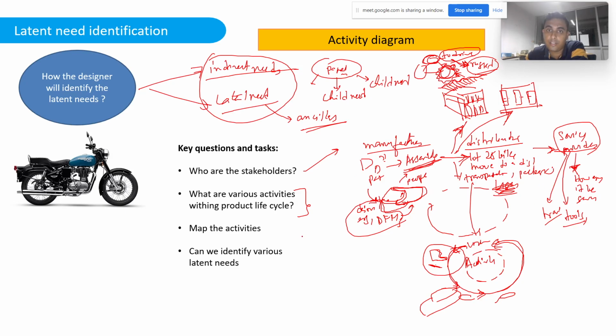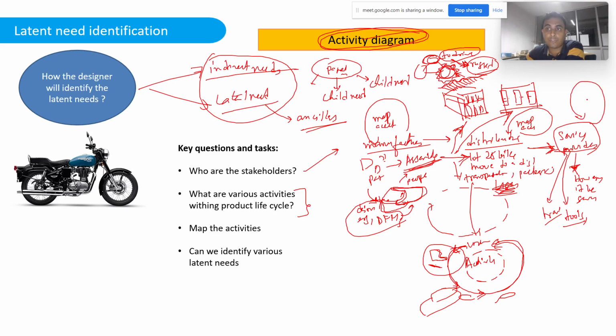This is how we did it. What we do here is what we call an activity diagram. In this activity diagram, we map various activities at every phase. At the manufacturing phase, we map activities, then we move to the distributor, and at the distributor phase, we map activities. We try to understand what particular task leads to what sort of problems, and then we bring those requirements into product development.